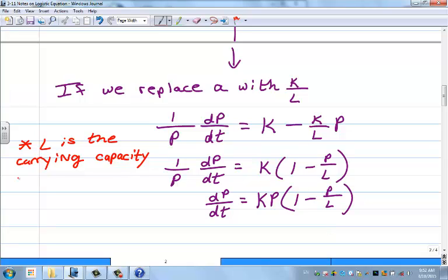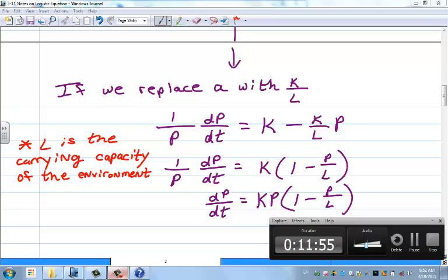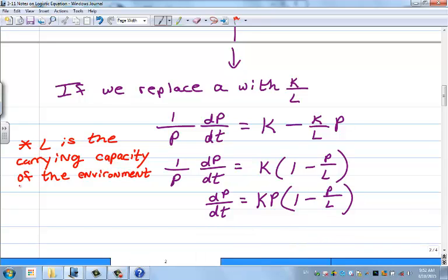So it's the carrying capacity of the environment, and the limit as t approaches infinity of the population. So that L is very, very important.